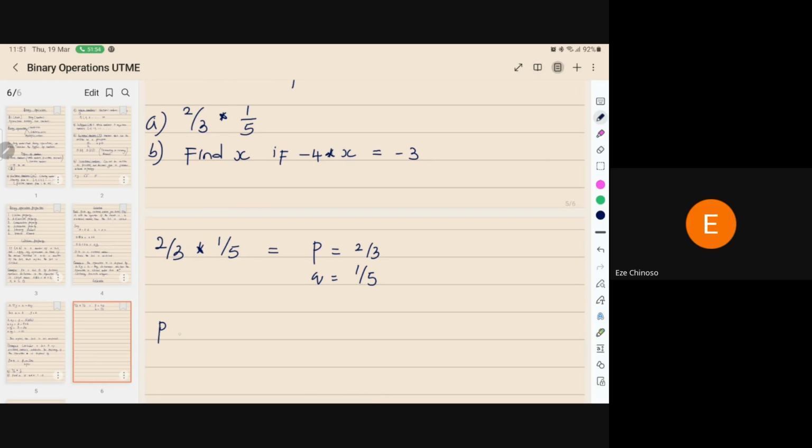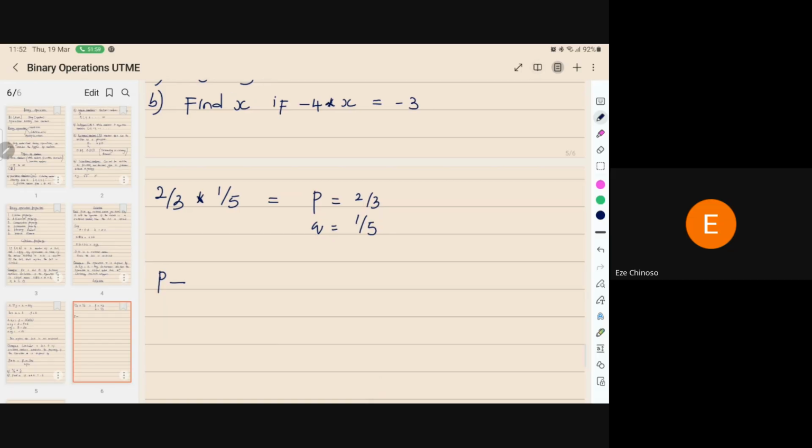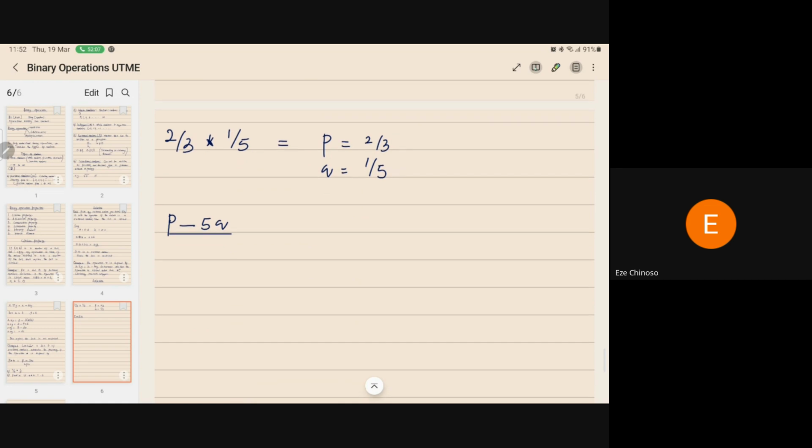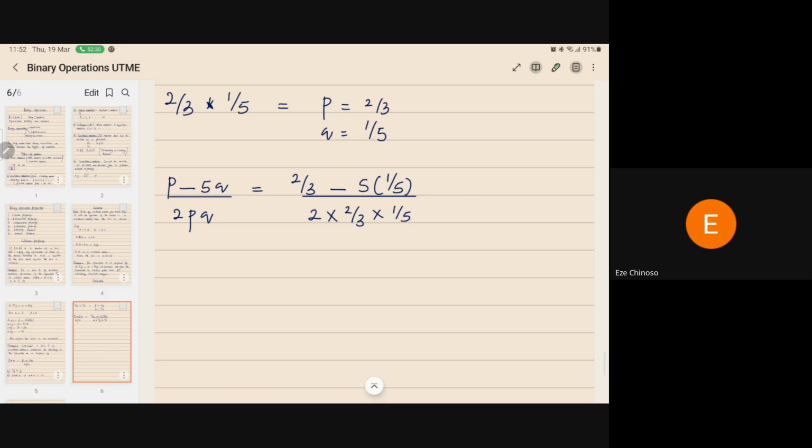They give us that (P minus 5Q) all over 2PQ will now be equal to 2/3 minus 5 open bracket 1/5, then divided by 2 times, P is 2/3, times 1/5, right? So it's up to us now to do our mathematics right here.